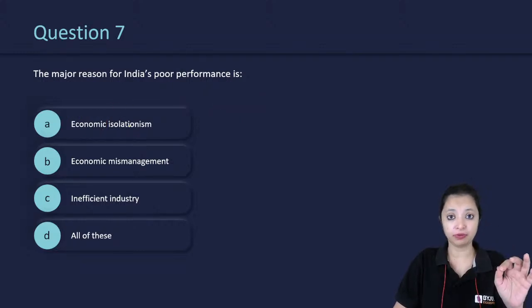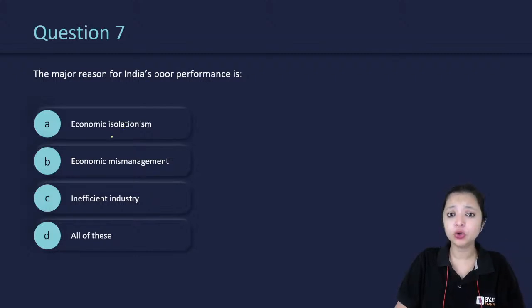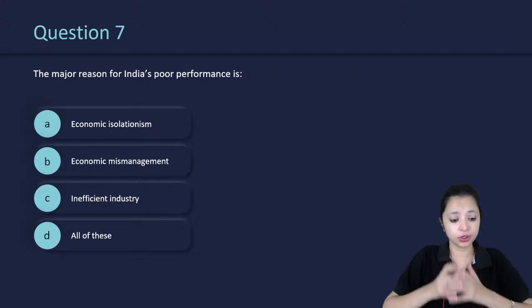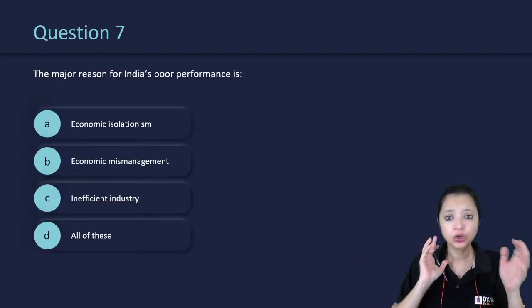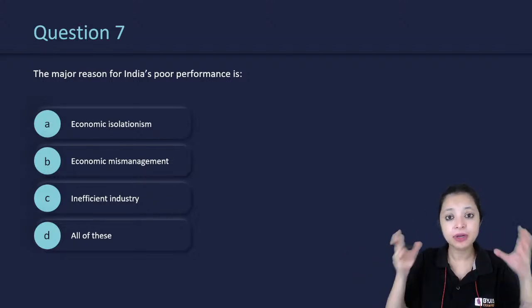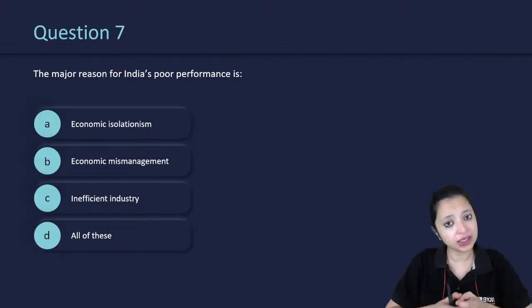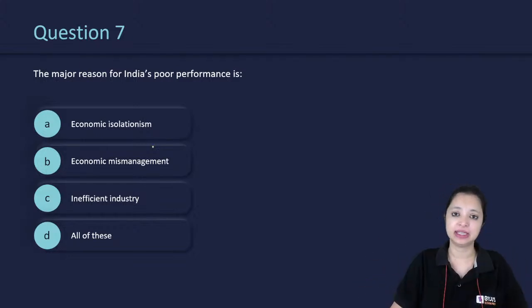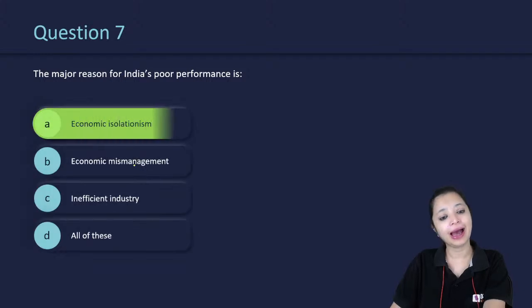So our poor performance, we're still left behind. We are unable to compete with the world. Our technology is old, outdated because we were isolated before 91. We did not allow any imports, exports, no foreign exchange possible. And because of this economy being isolated from the rest of the world, we suffered. Correct answer is going to be an A here.